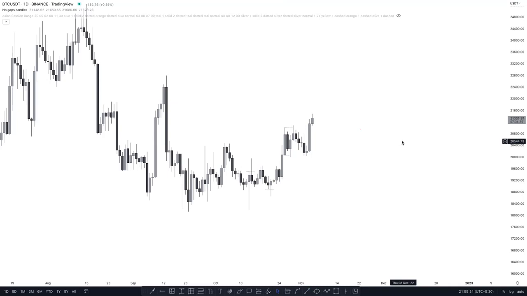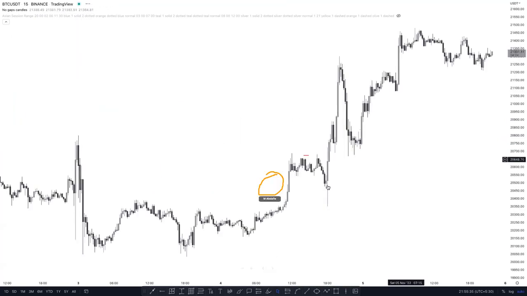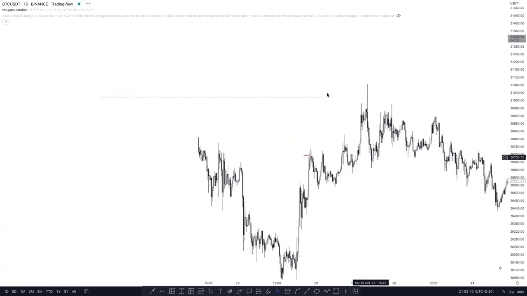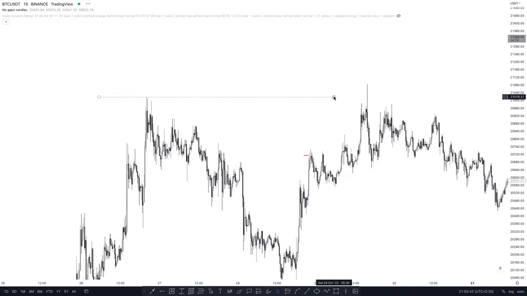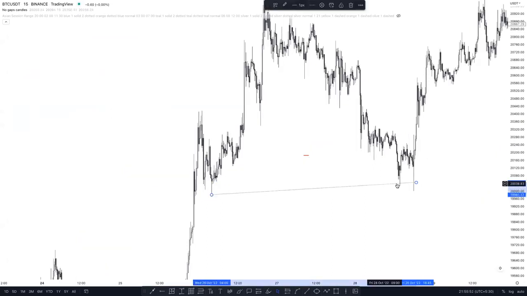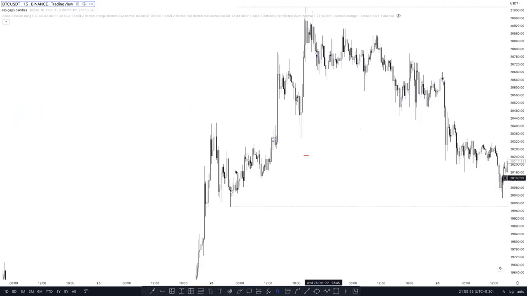So you can switch into 15-minute at this point to identify the POI, like here. This one is here, and this one is here. I think this one. No, no. Let's clean the chart.